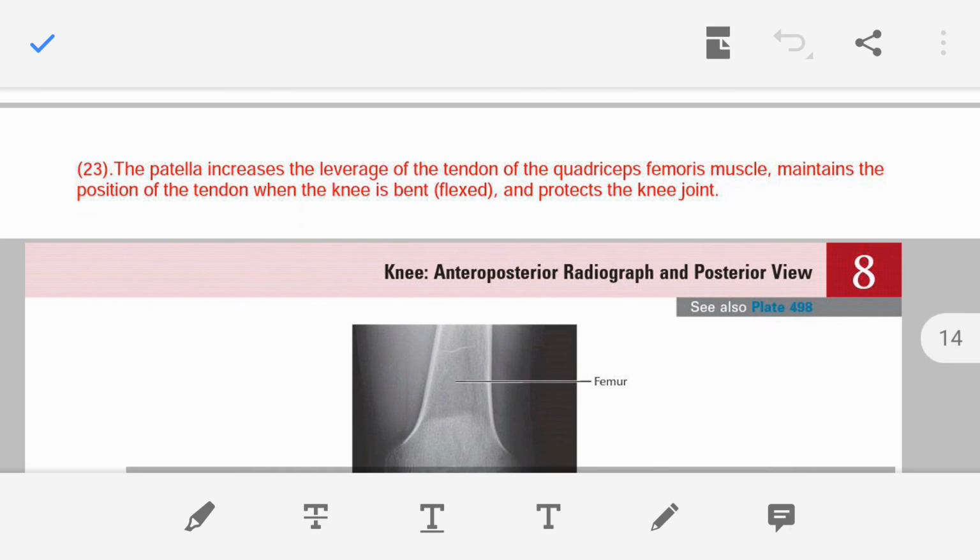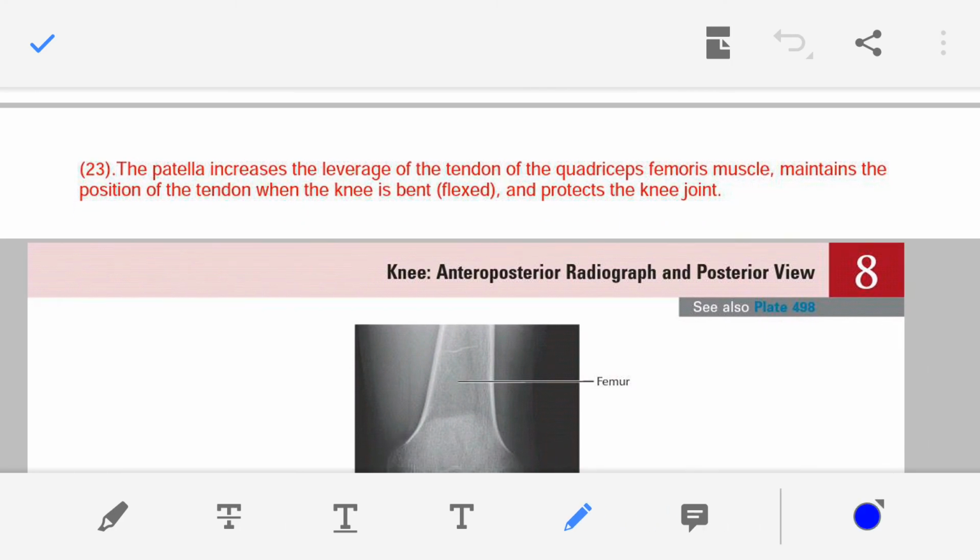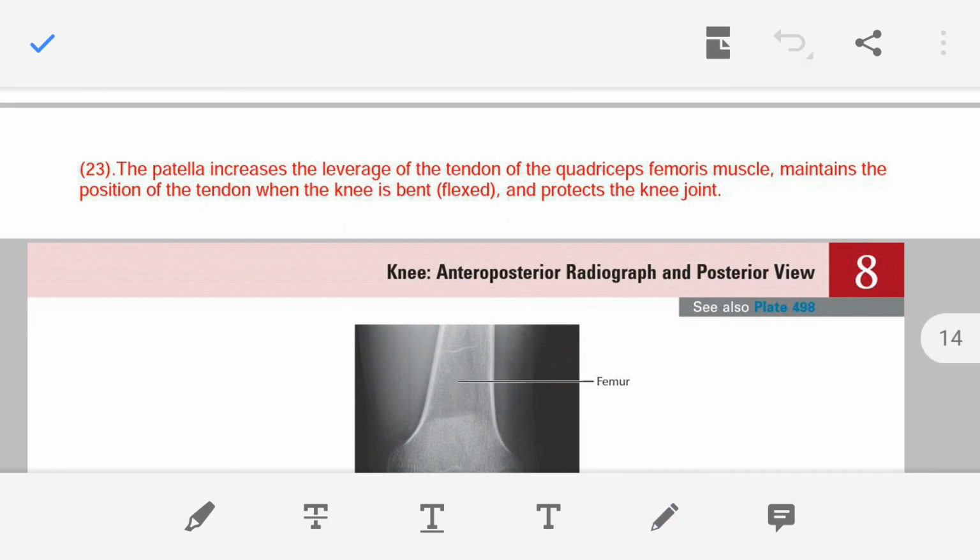Okay, then the tala also maintains the position of the tendon when our knee is bent or our knee is flexed. Then the tala also protects the knee joint.